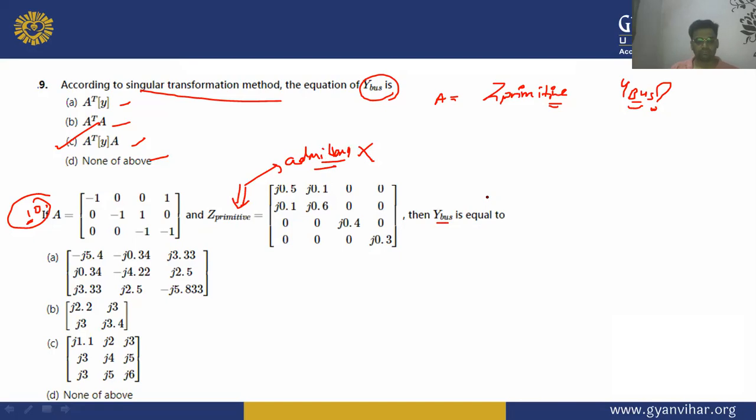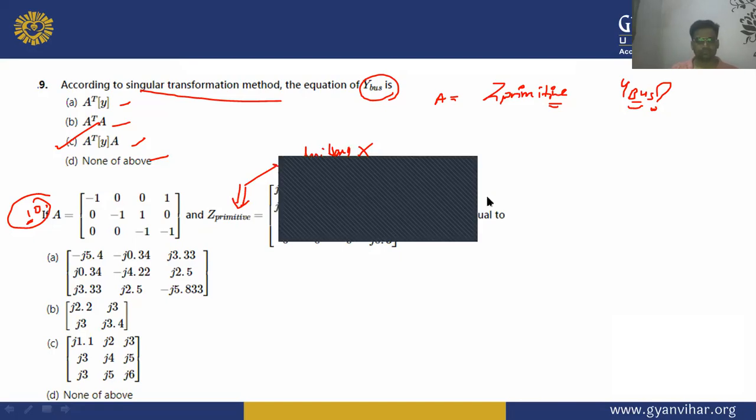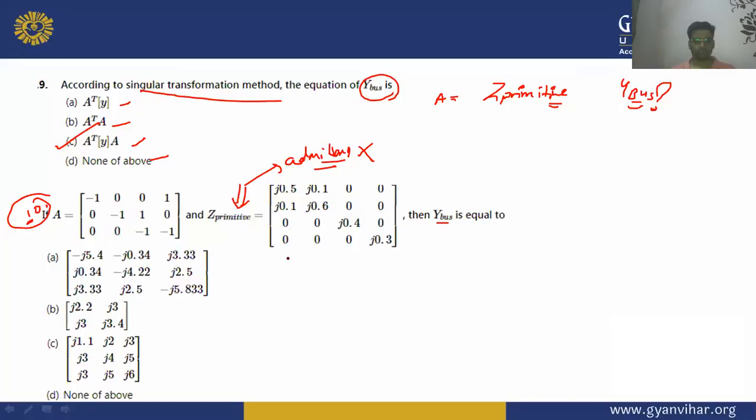I've told you how to do this. Yes, tell me. In the previous slides, I've told you what to do. We are having this matrix -1 0 0 1 0 -1 1 0 0 0 -1 1.